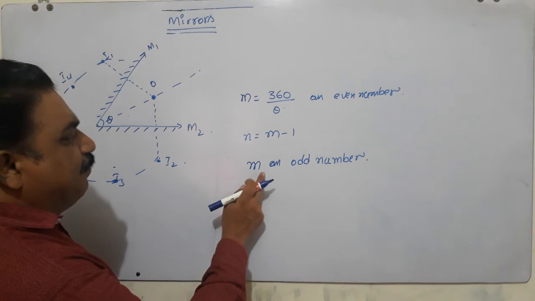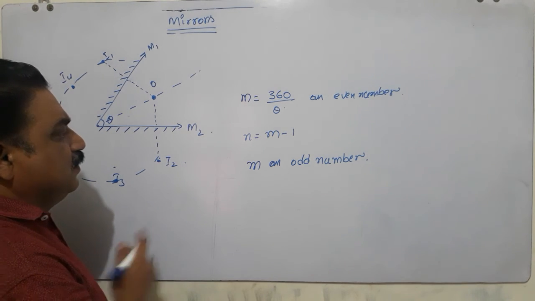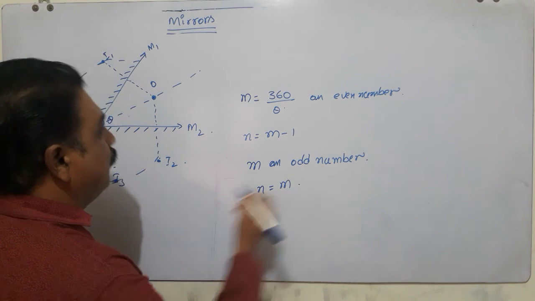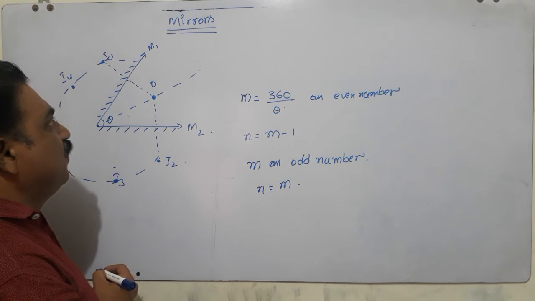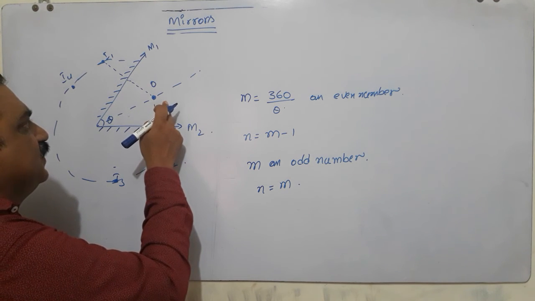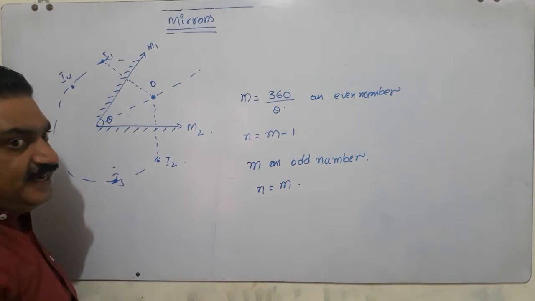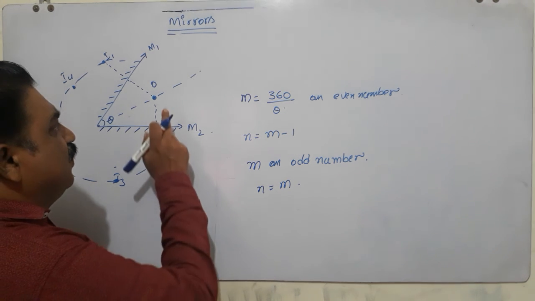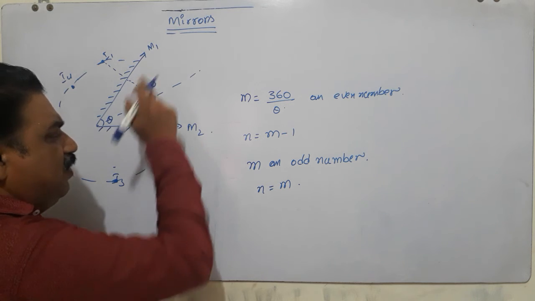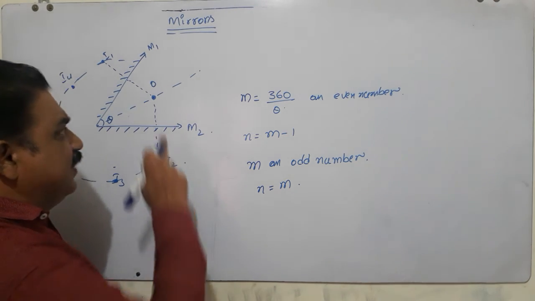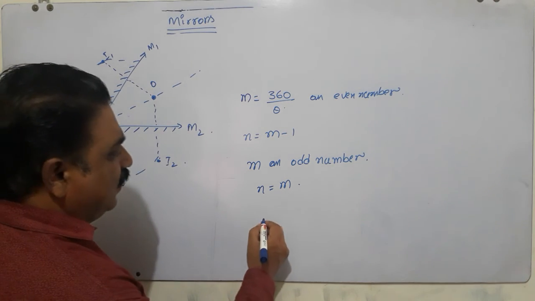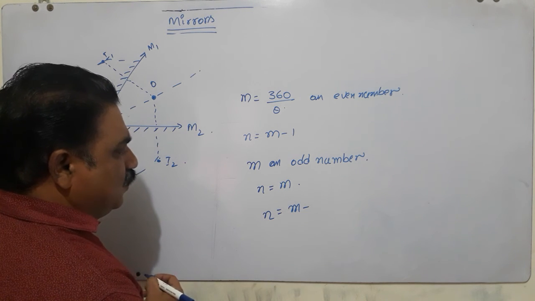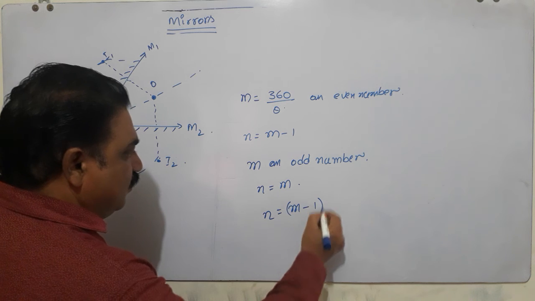For m an odd number, the number of images will be equal to m if the object is not on the bisector, and if the object is on the bisector, then the number of images will be n equal to m minus 1.